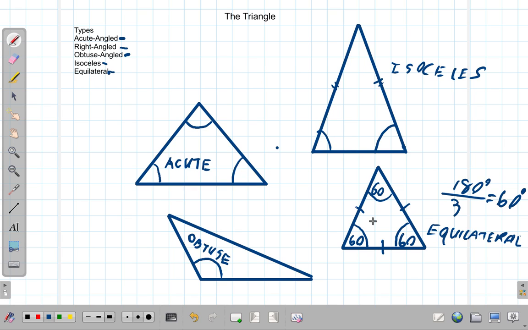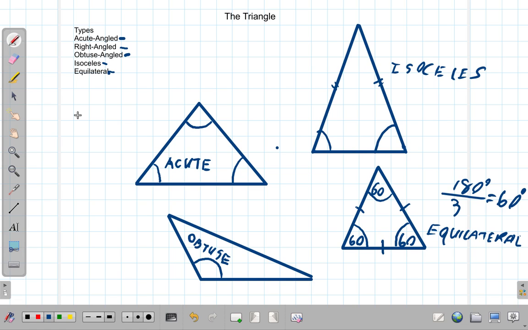Now, there is one other triangle that we will look at, right? A sixth triangle. Have you done this before? Have you been reading ahead, reading your notes to find out what type of triangle that is? Well, this other type of triangle has all the sides of different length.